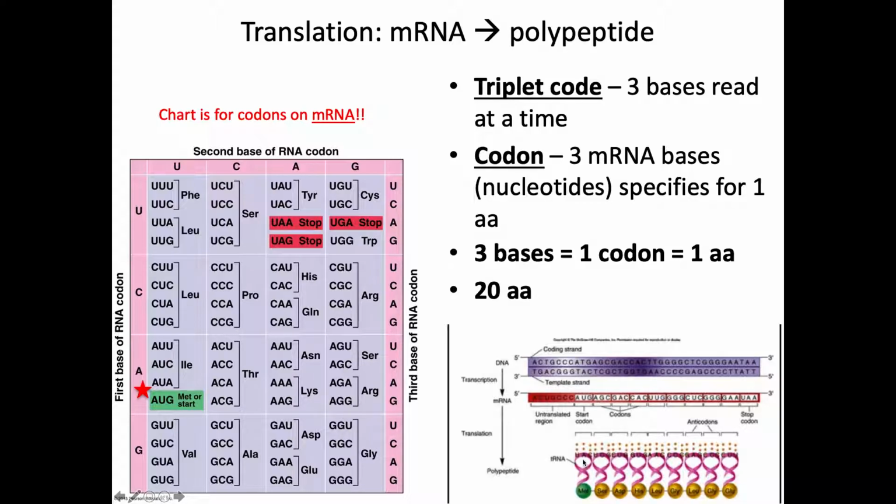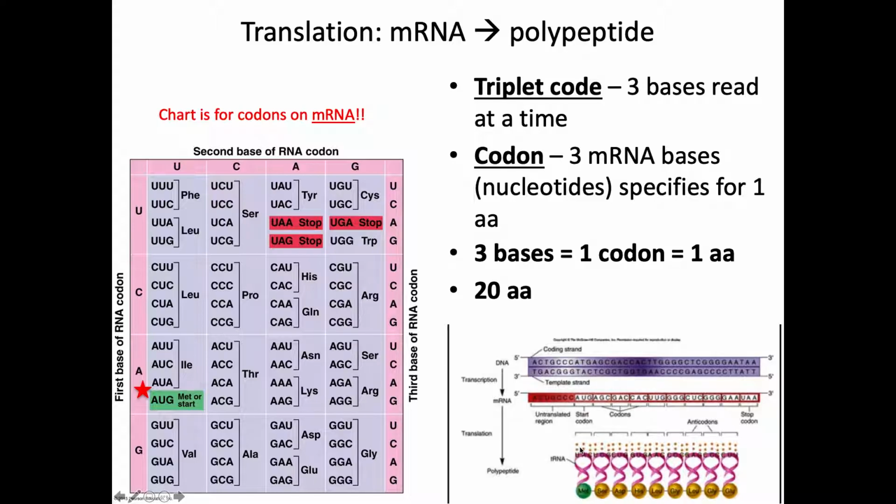What you have to help carry those amino acids, which we're going to talk about in a little bit as well, is called the tRNA. On the transfer RNA, on the opposite side, you have what are called anticodons. These anticodons are just complementary to the codon.